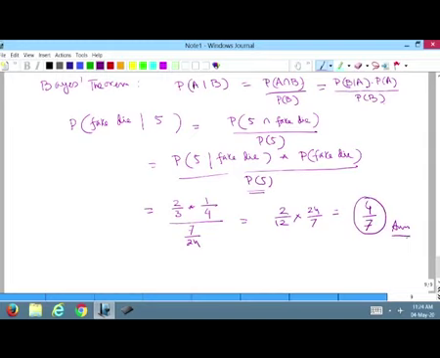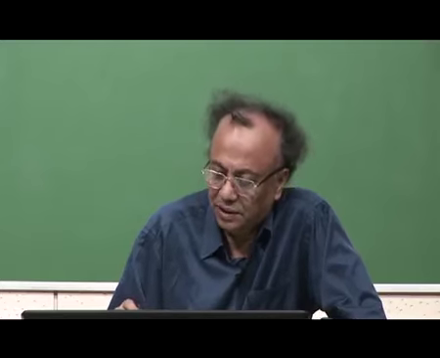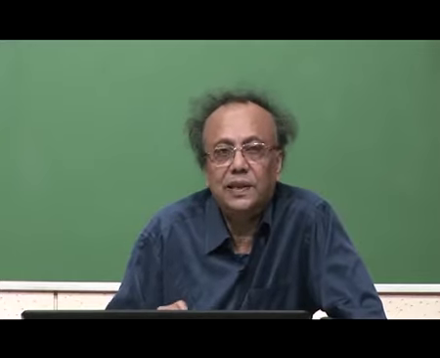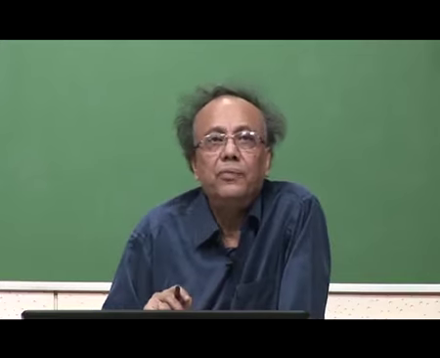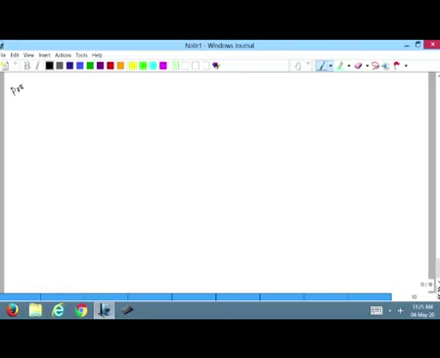Now, you have to remember that we got probability of 5 by considering all the disjoint events that result in 5, and then we have added over that the same way we have done in the previous problem. Let us now consider another problem.